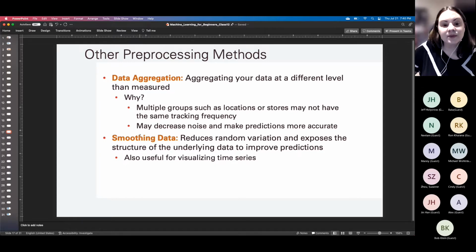You can also sometimes smooth your data, which removes random variation and pulls out the traits and the structure of the time series data. That can improve predictions, especially when the randomness and variation isn't helpful for predicting the actual trend. Where oscillations matter, this isn't going to be a good idea, but it's something you can test.